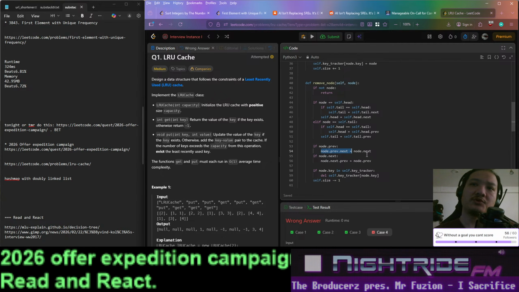And so when we remove the tail, something is wrong with the big case here.